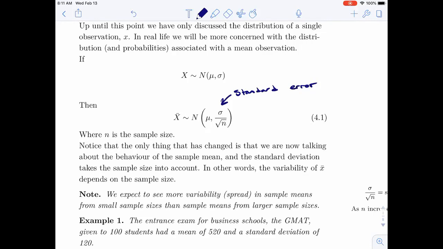I just like to pick numbers that I know how they behave. So think about if sigma was 4 and the square root of n was 2, then 4 divided by 2 is 2, and then if sigma was 4 still, and the square root of n was 4, it would decrease to 1.